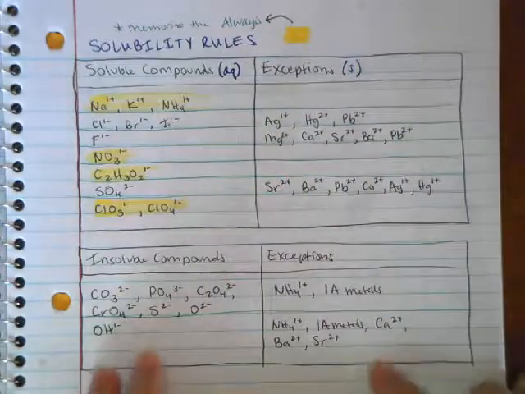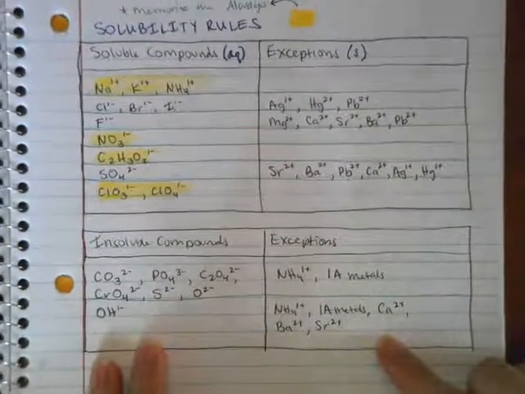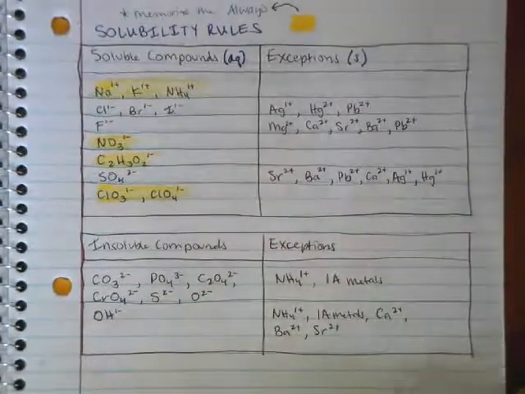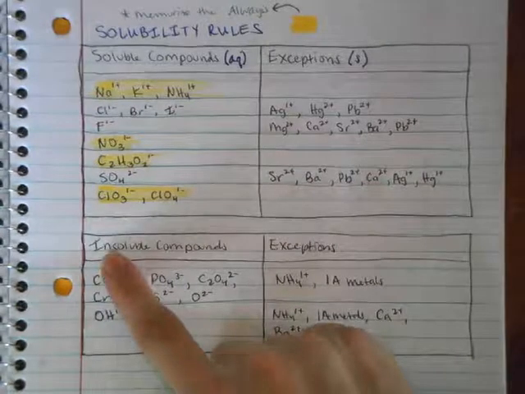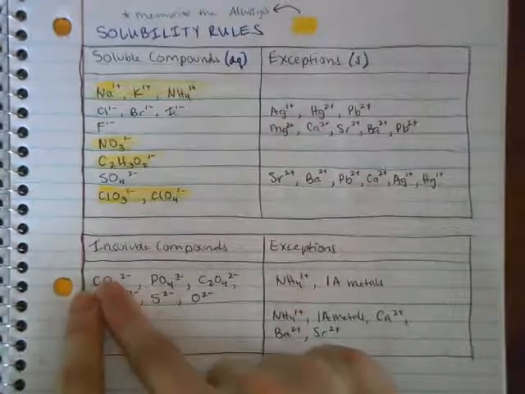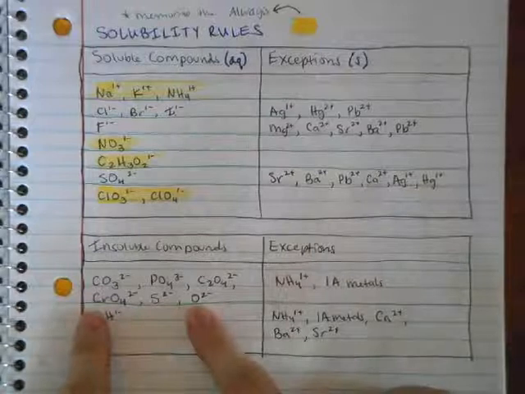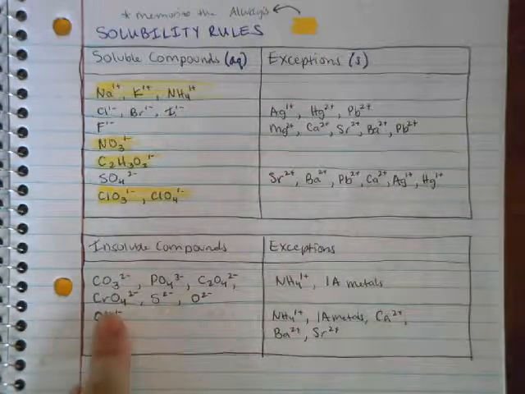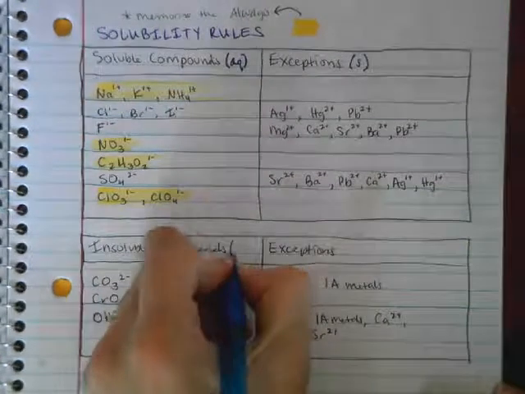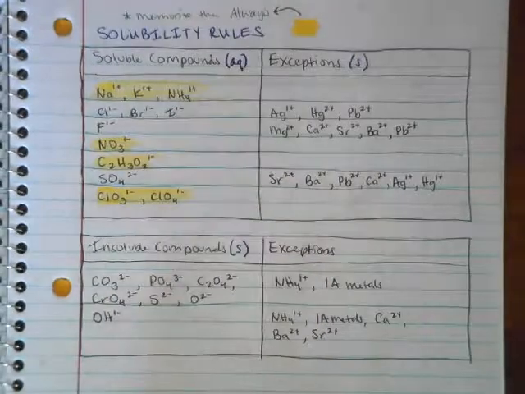Down here we have the opposite example, where here are the rules that determine insoluble compounds. All these are anions. Anytime you see these anions, your brain should go, oh, that's going to be solid. But of course, there are exceptions.